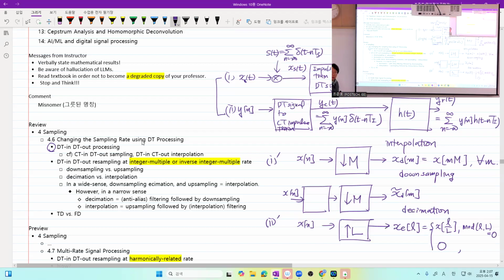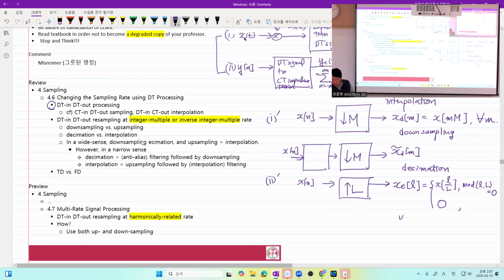Got it? And otherwise, we have zeros. So this basically inserts capital L minus 1 zeros between two consecutive samples of the input. And this is called upsampling.